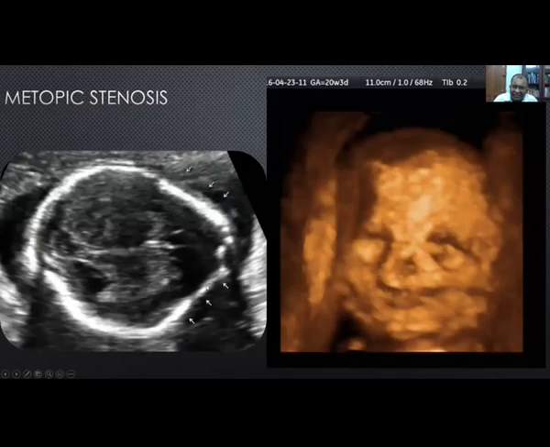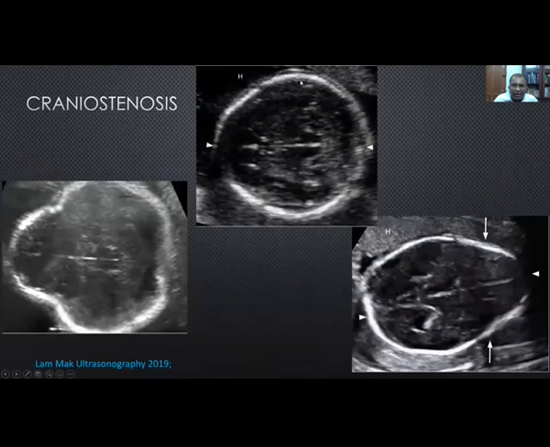This slightly lemon-shaped appearance can also appear when there is premature closure of the metopic suture, slightly closed at 20 weeks, thus causing increased biconcavity of the frontal lobes. Now, this is brachycephaly, a coronal suture feature.